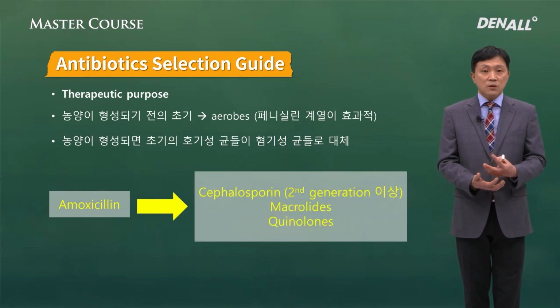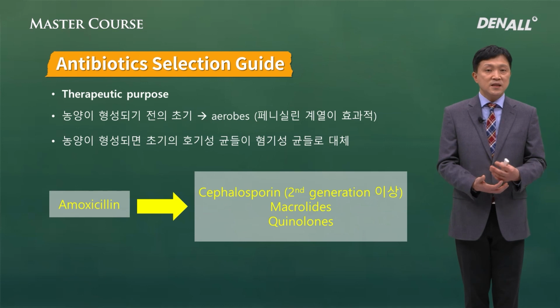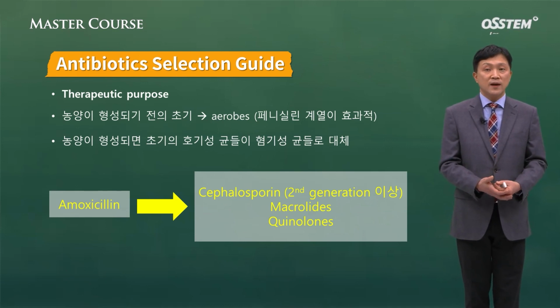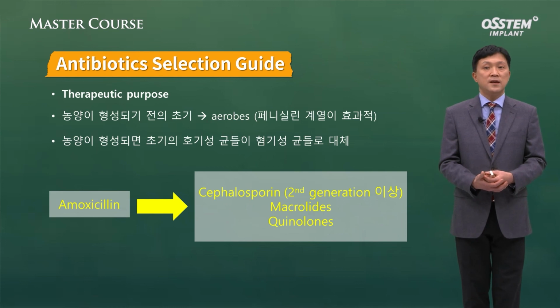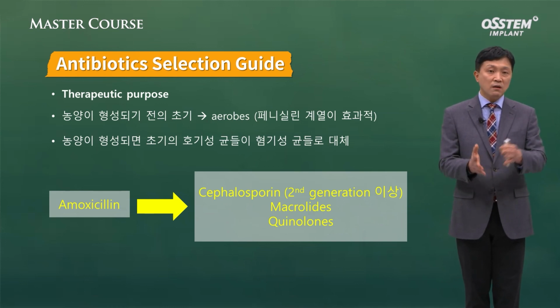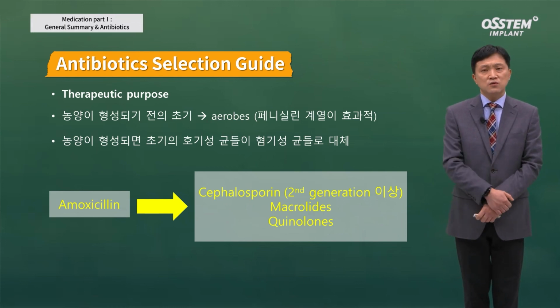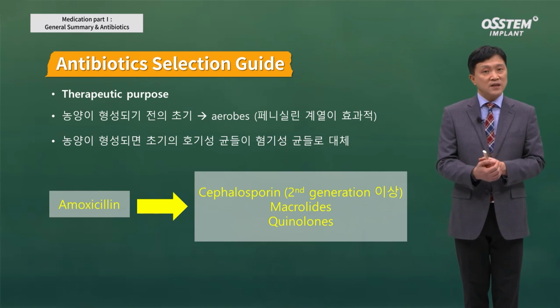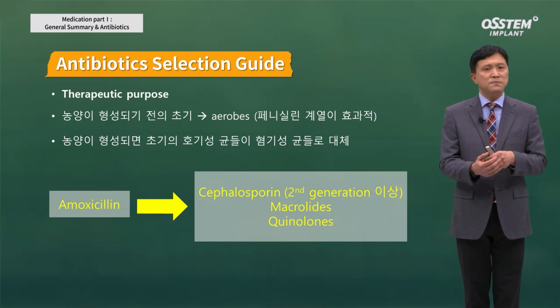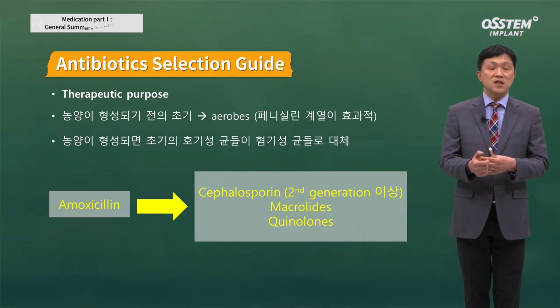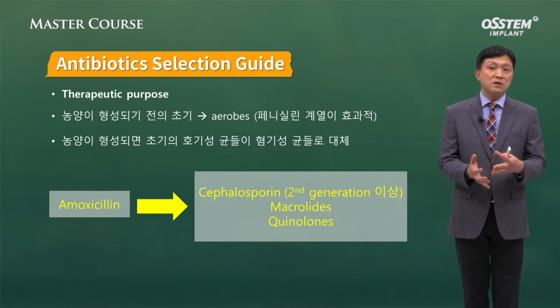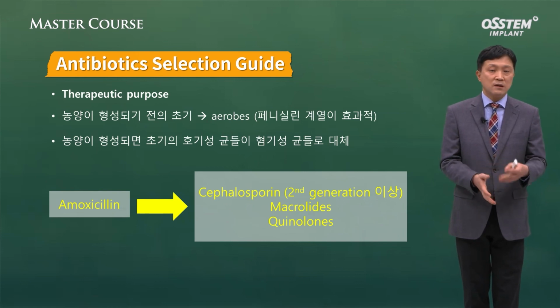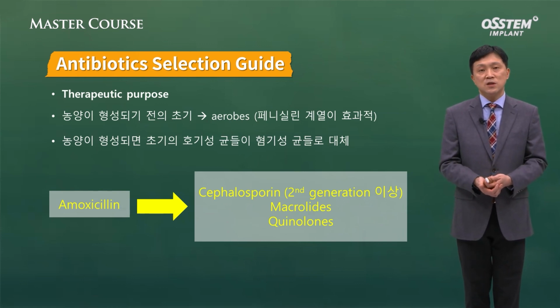Once pus is made, cephalosporin second generation or above, macrolides or quinolone need to be used. So you'd better not use the second group of antibiotics from the beginning. And if there's swelling, you need to use amoxicillin. When pus is made and the situation is localized, antibiotics need to be changed.